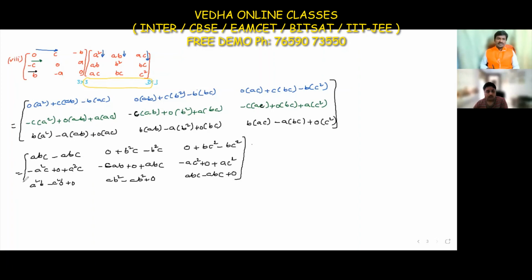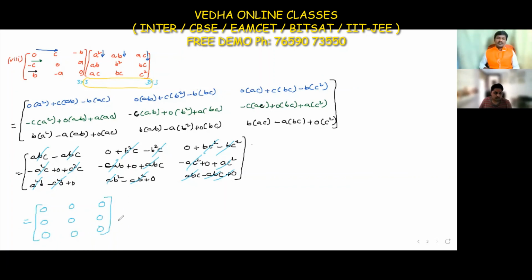So everything is going to get cancelled here, right? The ABC terms cancel, A square C, A square C, A square B, A square B, everything is cancelled. So finally we are going to get zeros. So this is the null matrix.